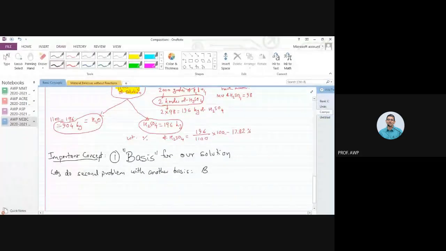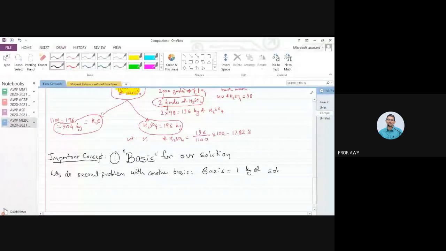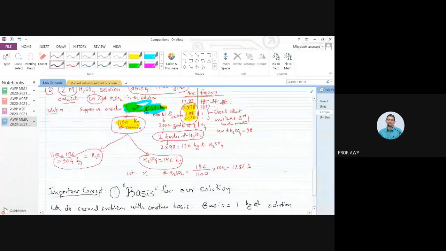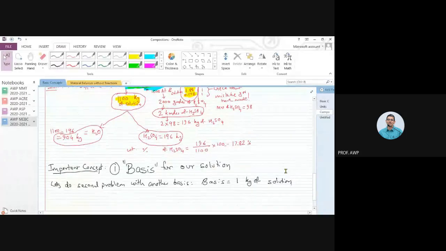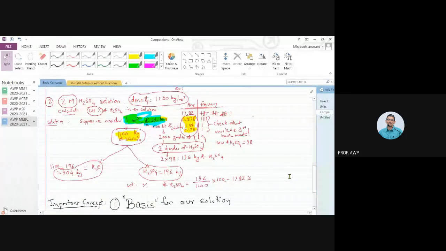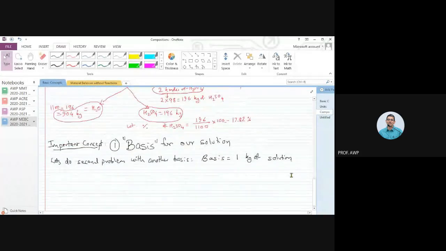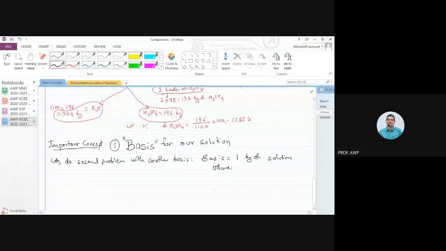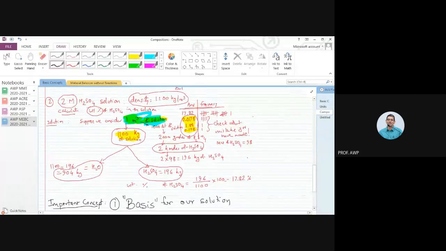Let's assume that our basis is, let's say, 1 kilogram of solution. Suppose that is our basis. Right? So if it is 1 kilogram of our solution, we know the molarity. We need to convert this into volume. So what is the density? It is 1100 kilograms per meter cube.